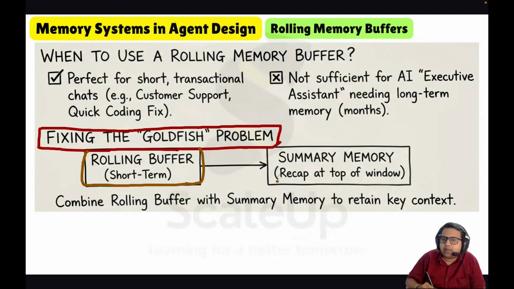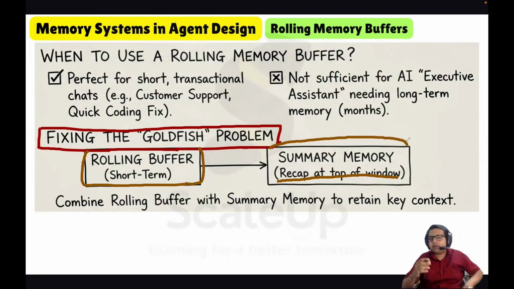So the recap at the top of the window will be the summary. Whatever messages we are wiping out of the active context window, we will summarize, and that highly condensed version we will put back into the rolling memory buffer. In this way, the agent will not forget everything because the very relevant context will still be part of the active context window. And hence we will be able to fix the goldfish problem.